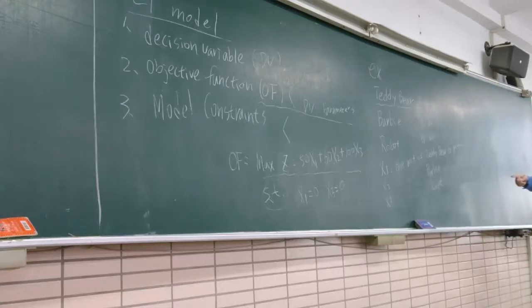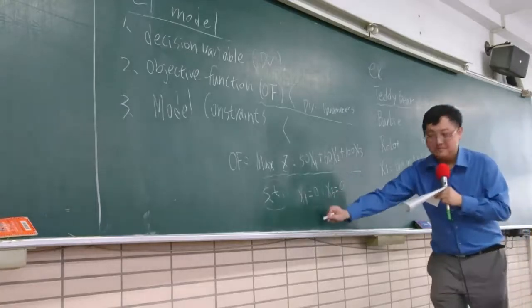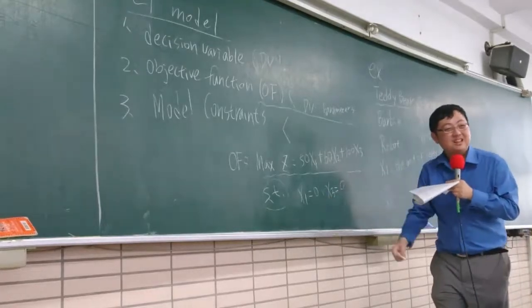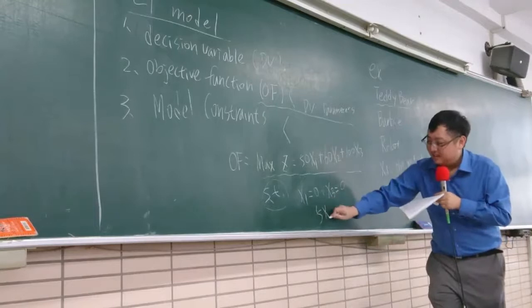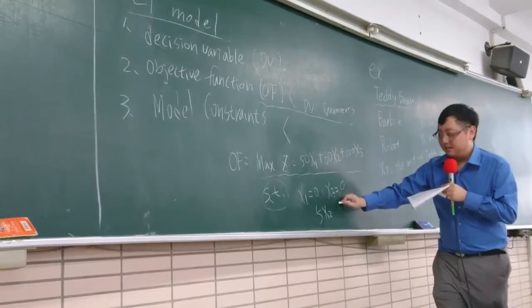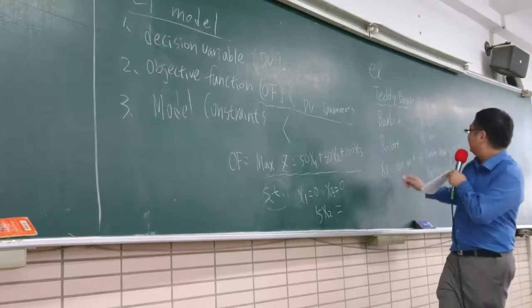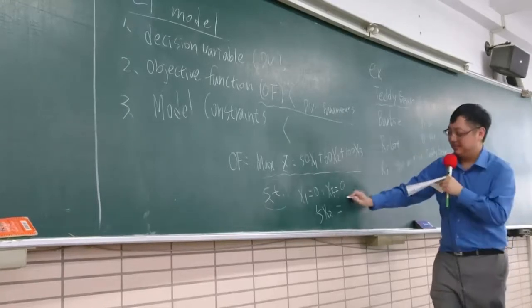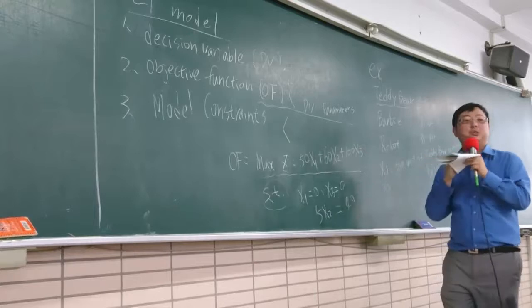How to write? 5x2 equal 40. Partially right.